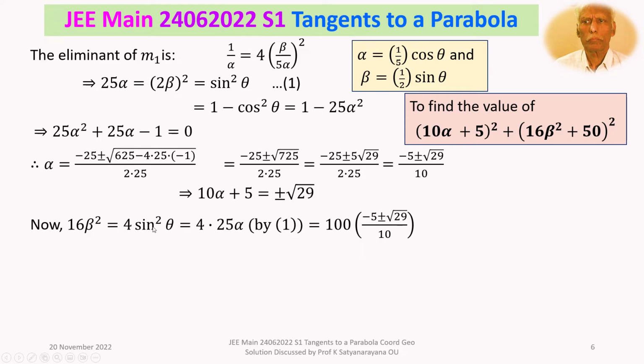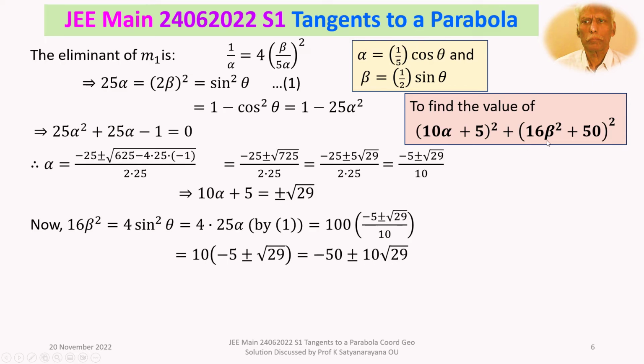And for sin square theta, go back to equation 1: sin square theta value is 25 alpha. So that will be equal to 4 times 25 alpha, that is 100 into the alpha value, minus 5 plus or minus under the square root of 29 by 10. Now clear the denominator: 100 by 10 is 10, so it is 10 into minus 5 plus or minus root 29, that is minus 50 plus or minus 10 root 29.